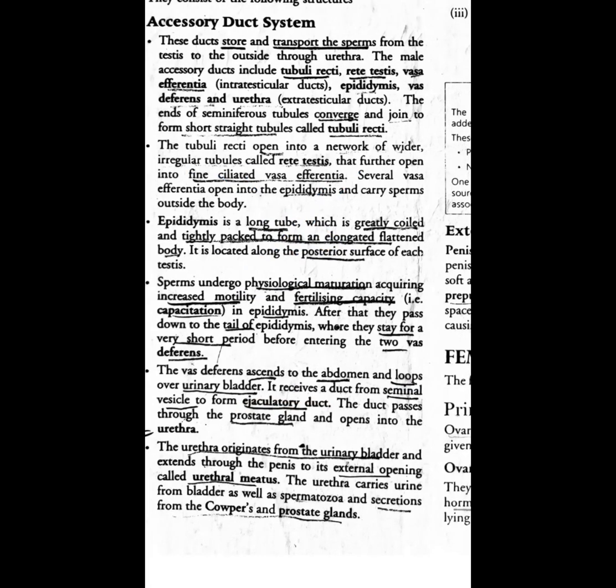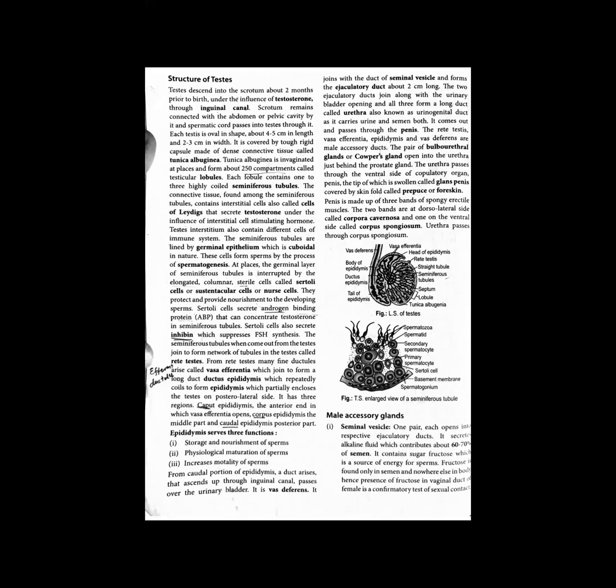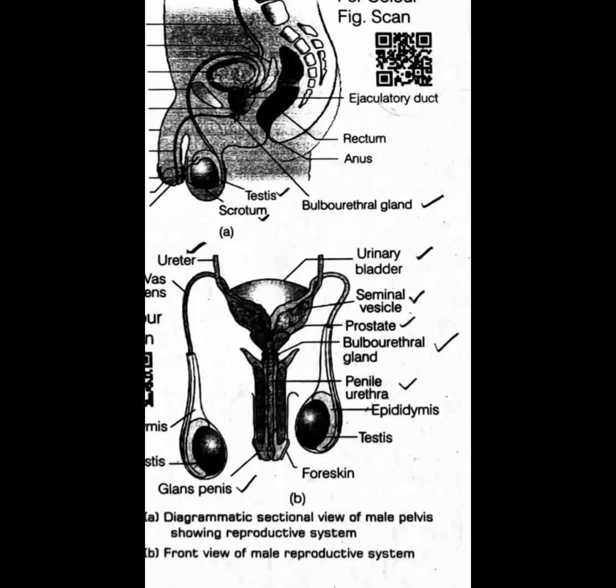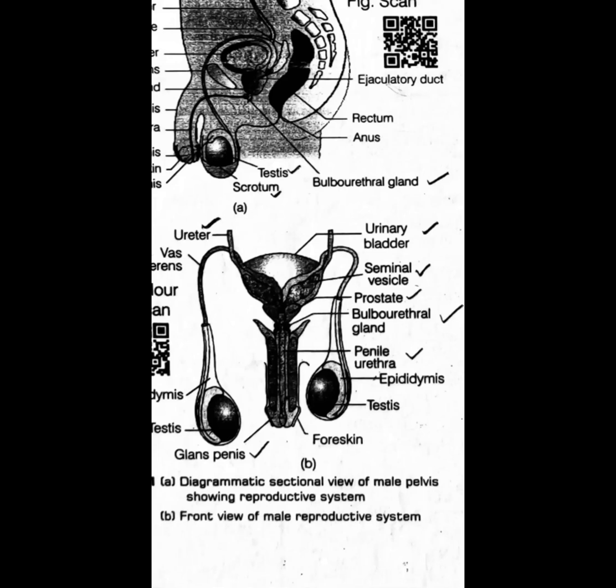Can you see here, students? I'll show you the diagram. It is very dark in color, but let me just highlight it. This is the common duct. Can you see here? The urethra is getting fused with the vas deferens.